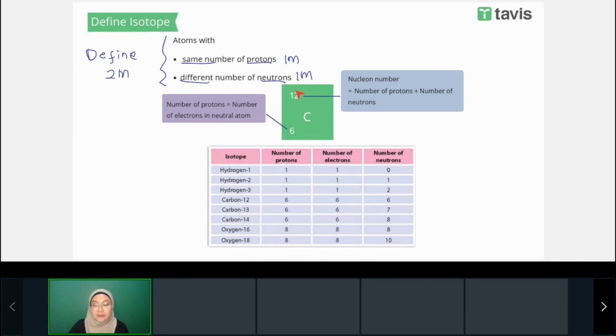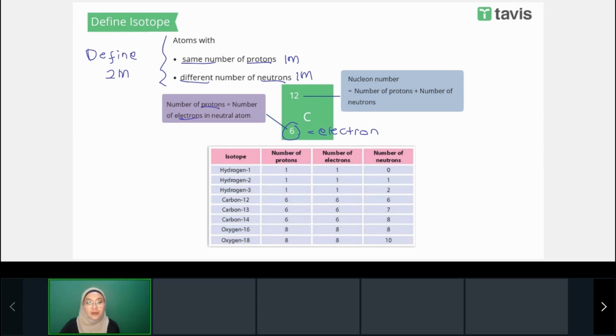The bigger number indicates the nucleon number, while the smaller number indicates your proton number. When the proton number is 6, the electron number is also 6. Electron is the same as the number of protons.